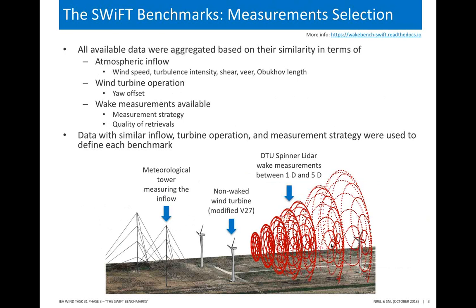So we wanted each benchmark to have a similar measurement strategy, and also the quality of the retrieval. So the return signals had to be good. And so we got the data that had similar inflow, similar turbine operation, and similar measurement strategy, and used those to define each of the benchmarks.